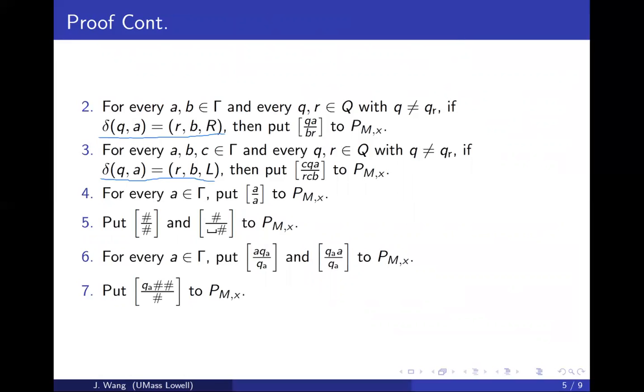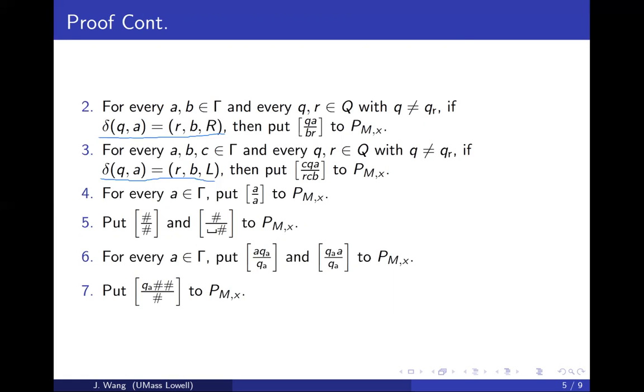Okay, so these are two transitions we are dealing with. And here we assume that this Q is not Q reject, not a rejecting halt, but it could be an accepting halt.